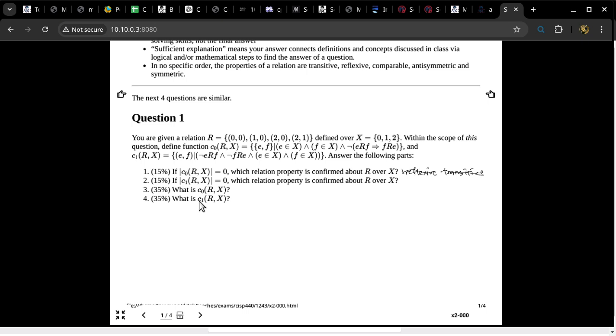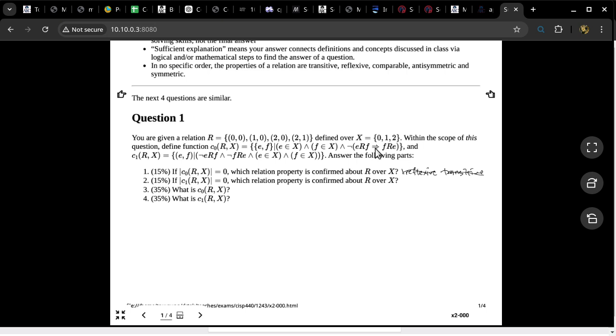Out of those two, symmetric means, the way we define it, ERF if and only if FRE. This is the negation of that, but this one does not say the negation of ERF if and only if FRE. The implication only goes in one direction, because E and F are in a set. If I were to do both directions, it would not have changed anything.